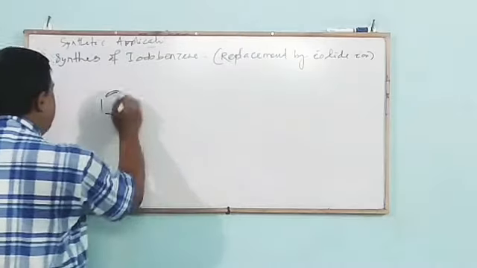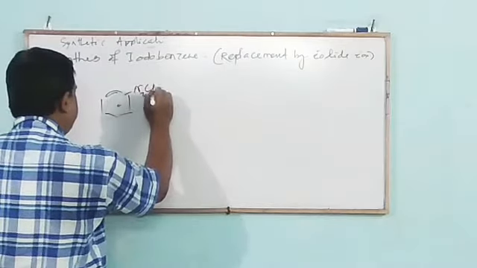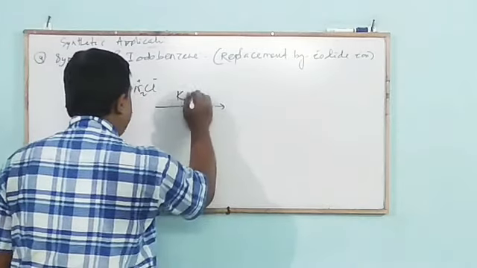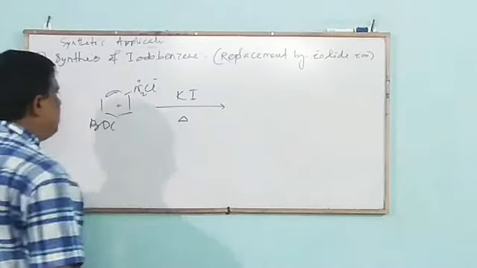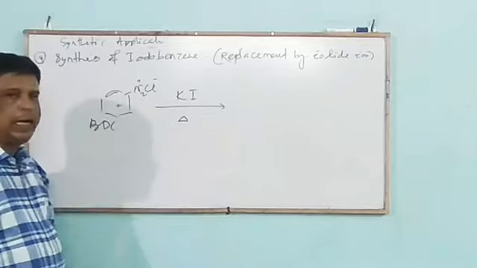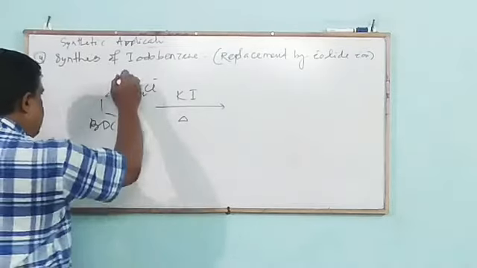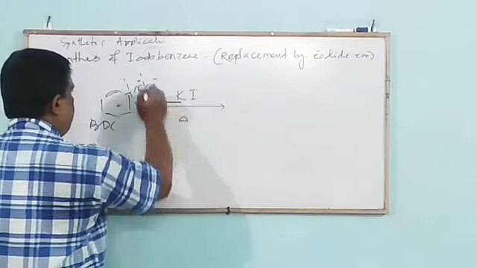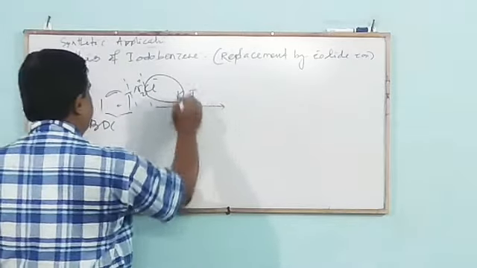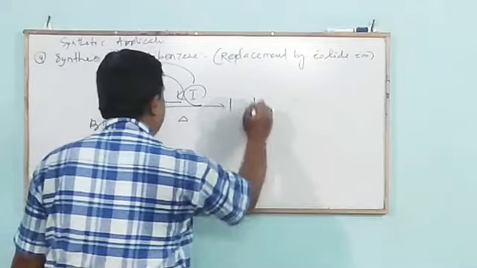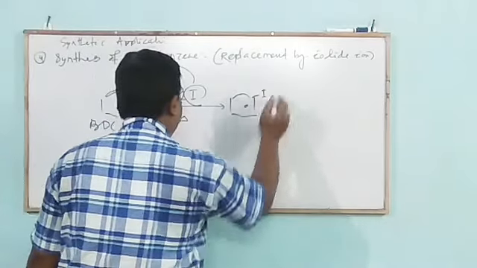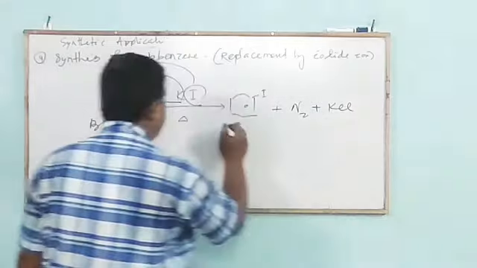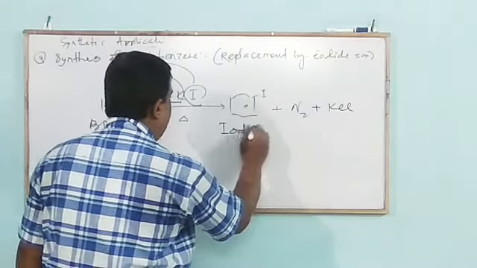When benzene diazonium chloride is heated with potassium iodide, mark that, the same bond breaks, this bond breaks. This K combines with Cl, and this I group transfers here to form iodobenzene plus N2 plus KCl. It is known as iodobenzene.